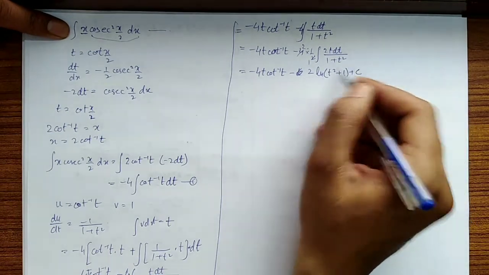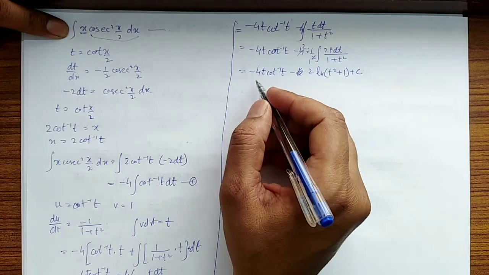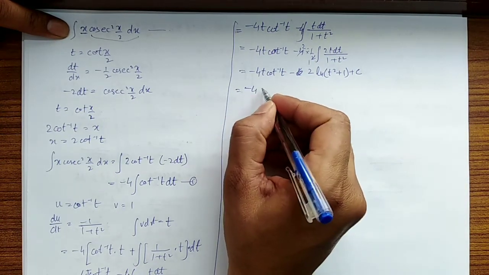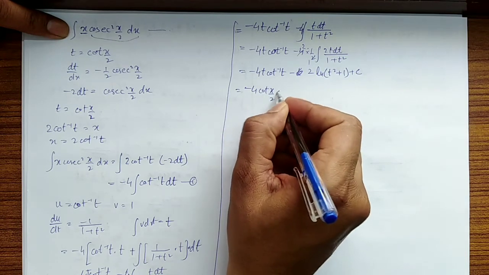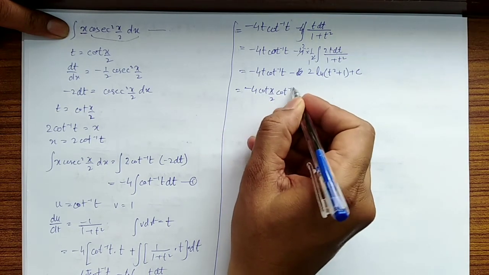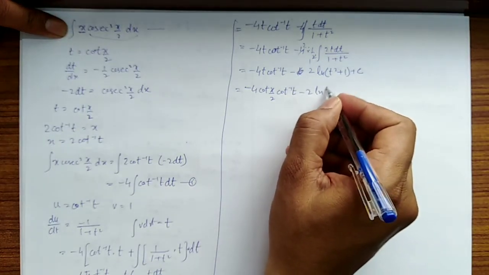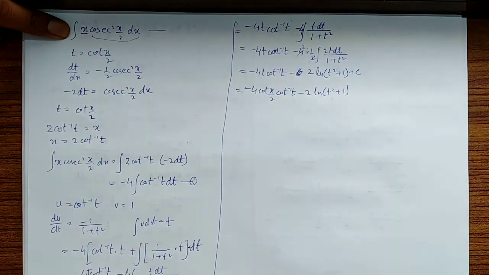Now by putting the value of t, we have minus 4 cot x upon 2 cot inverse of t minus 2 ln of t square plus 1.